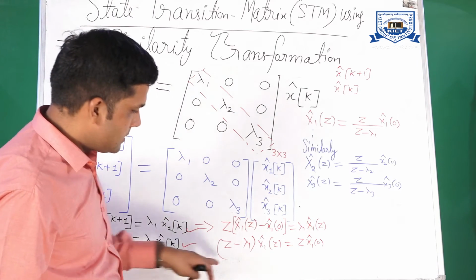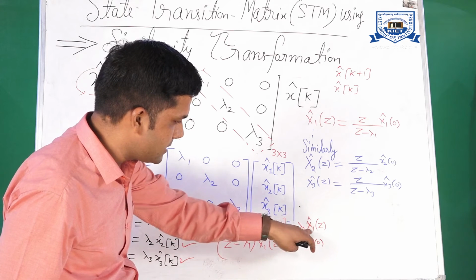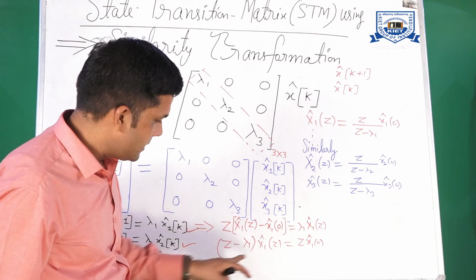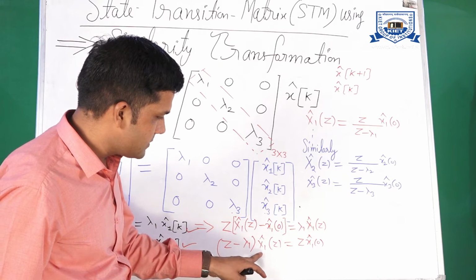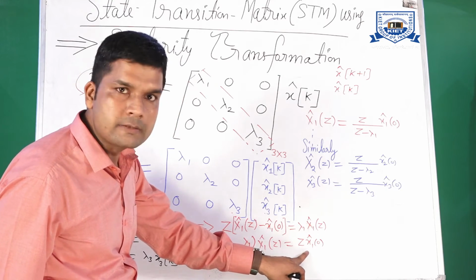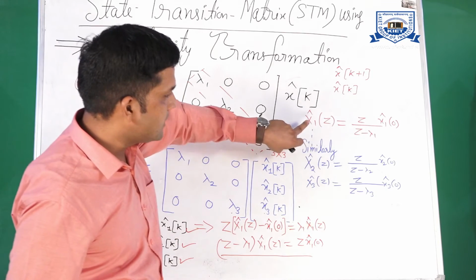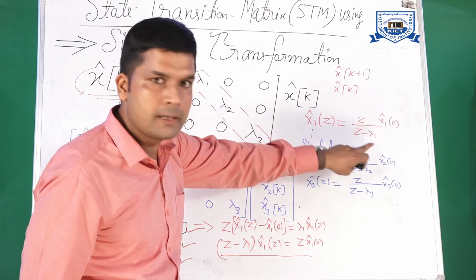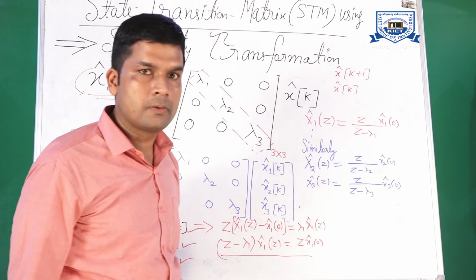Now we can shift lambda 1 x1 cap z to the left side and it will be negative. Now z minus lambda 1 into x1 cap z is equal to z x1 cap 0. Now we can write x1 cap z is equal to z upon z minus lambda 1 into x1 cap 0.